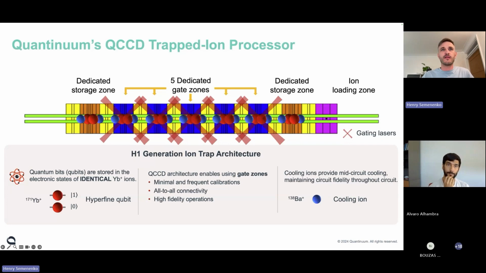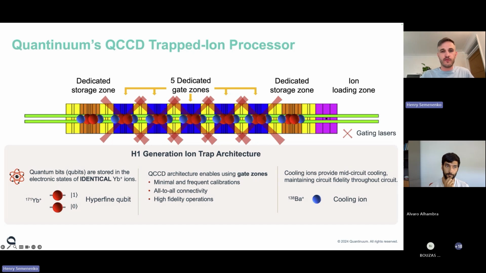Finally, in the center, we have the blue zones, which are our 5 dedicated gating zones. This is where we can do single qubit and two qubit operations to actually perform quantum computation on our ions. With this architecture, we can rearrange any of these ions into any configuration that we need to perform the computation.